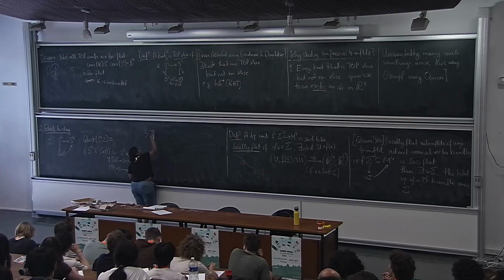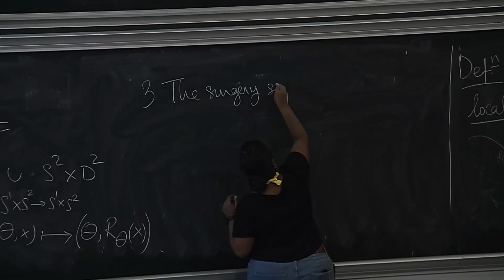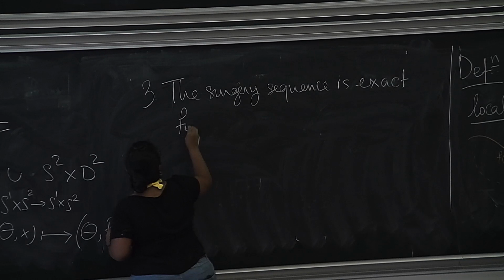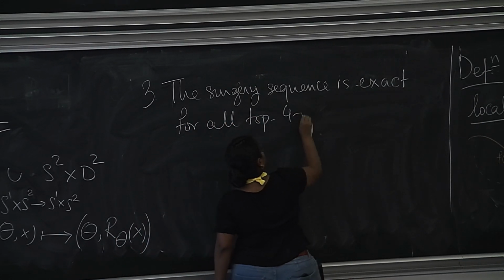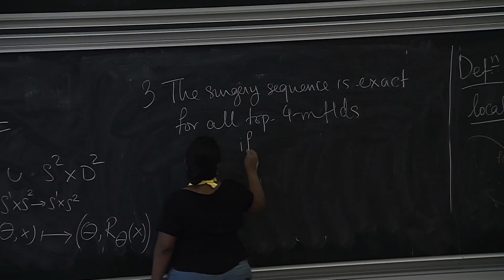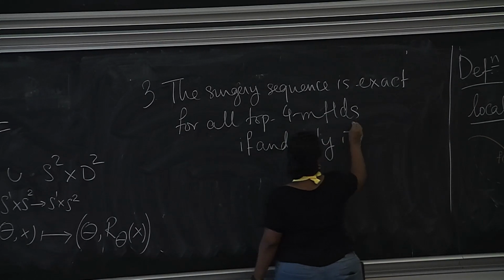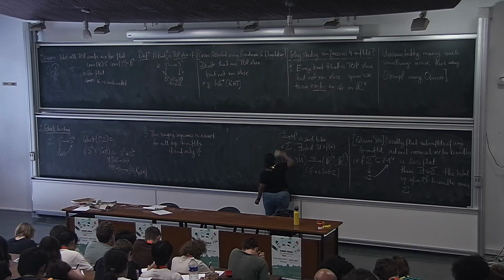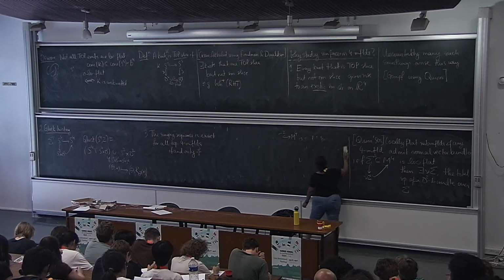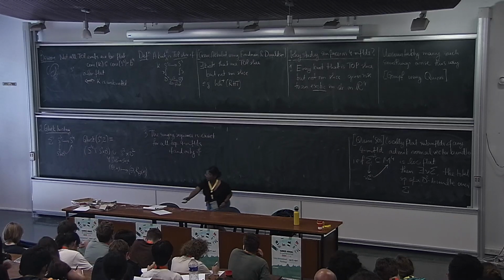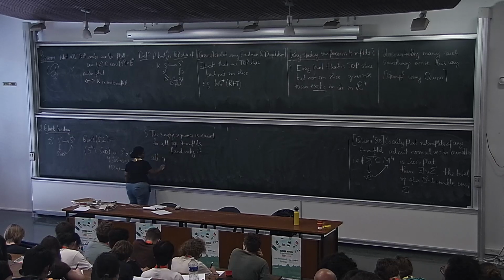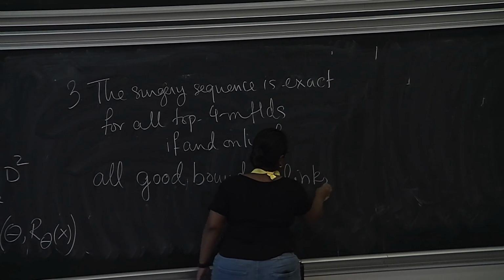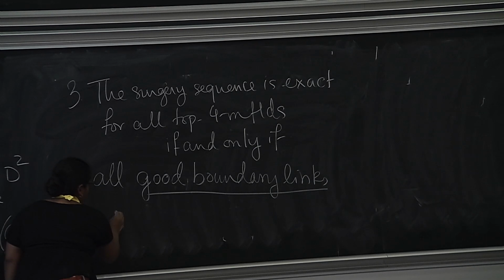Third sentence, the surgery sequence is exact for all topological four manifolds if and only if all so-called good boundary links are freely topologically sliced.